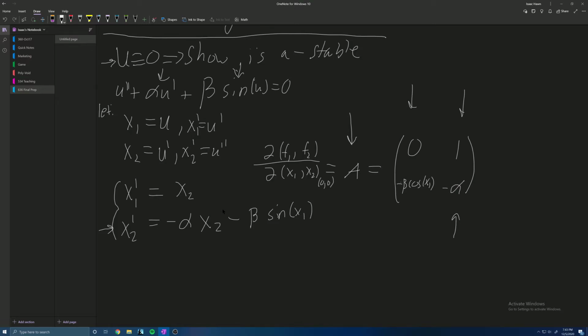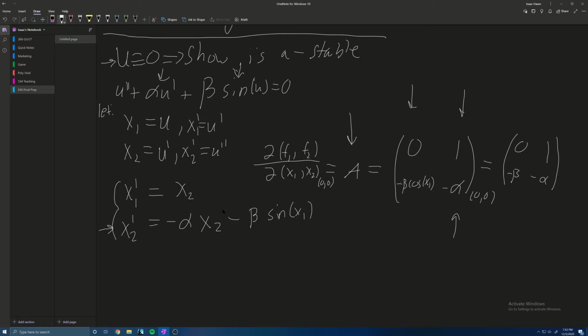So we evaluate this Jacobian A at 0, 0. And this Jacobian at 0, 0 is going to be 0, 1 because there's nothing that depends on anything up there. But in the bottom, cosine of 0 is 1, so we have minus beta and minus alpha. So there we go.